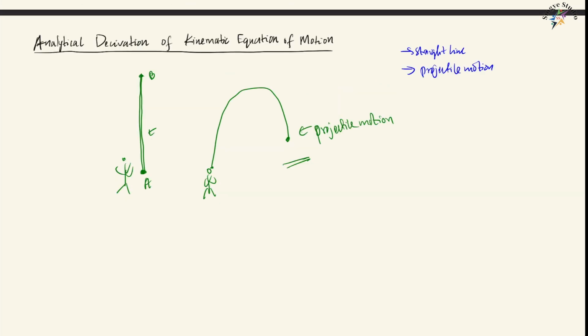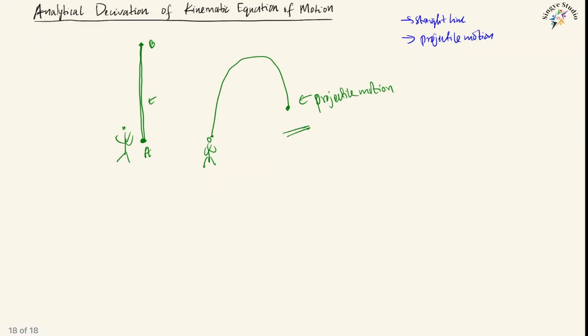For projectile motion, there are kinematic equations that can be modified from the straight line case to describe the motion. But in this video, I want to talk about the kinematic equations of motion for the straight line.